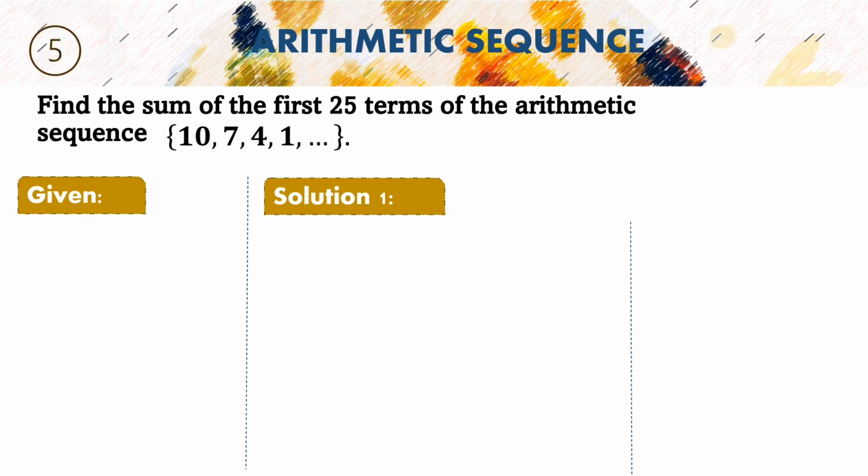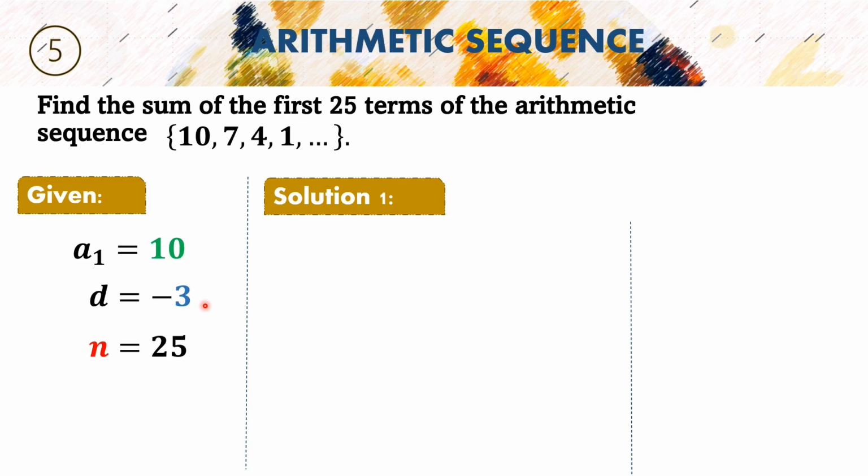Example 5. Find the sum of the first 25 terms of the arithmetic sequence. Okay, given is a sub 1 equals 10, d is -3, n is 25.